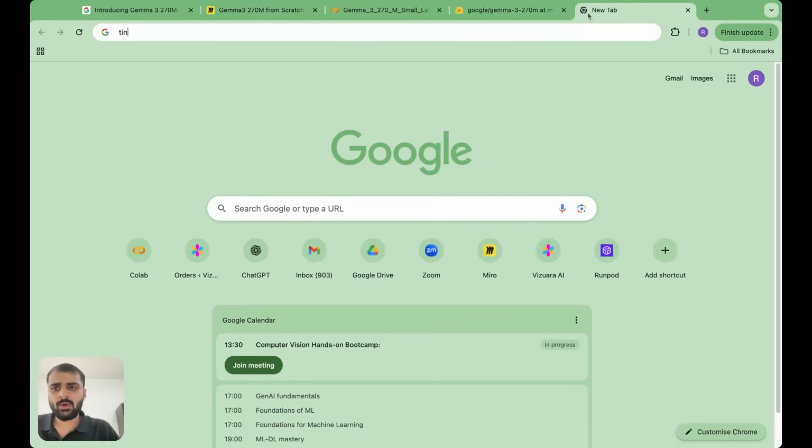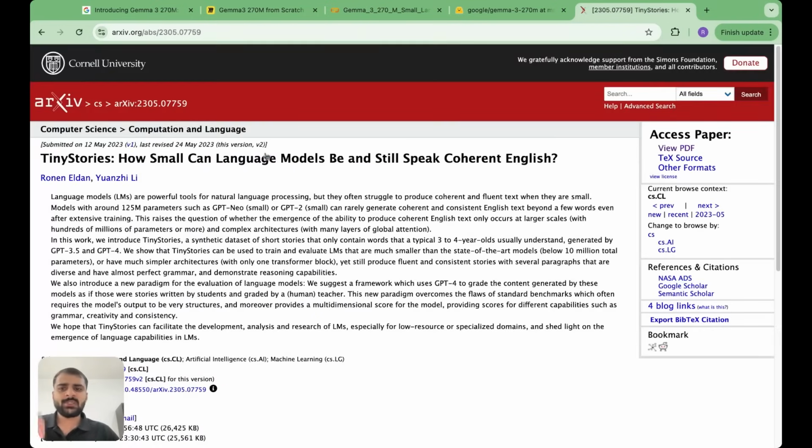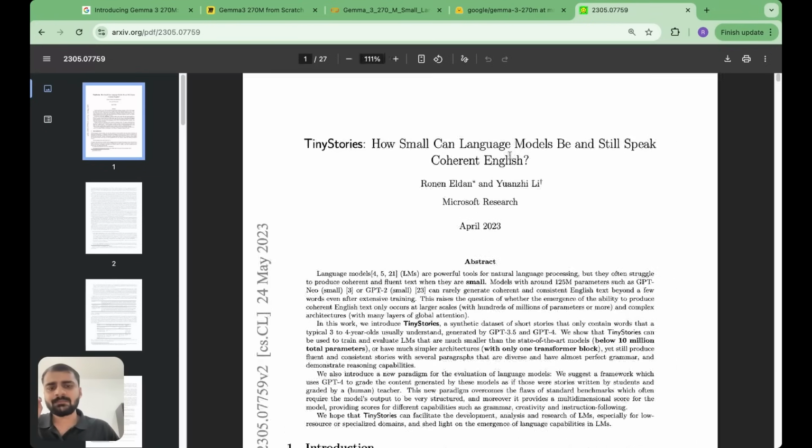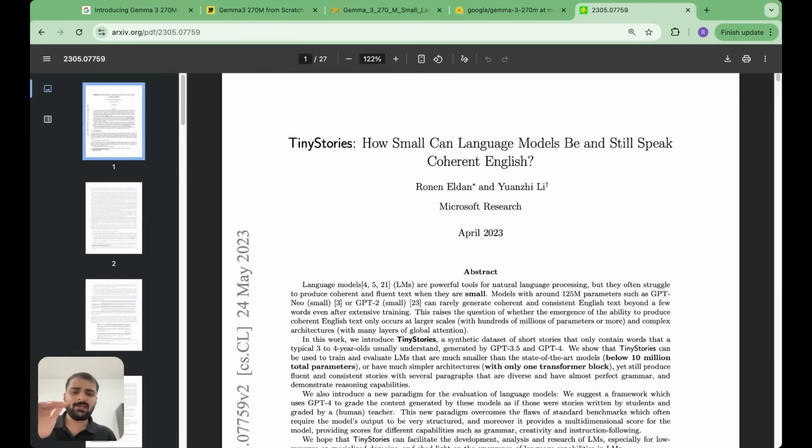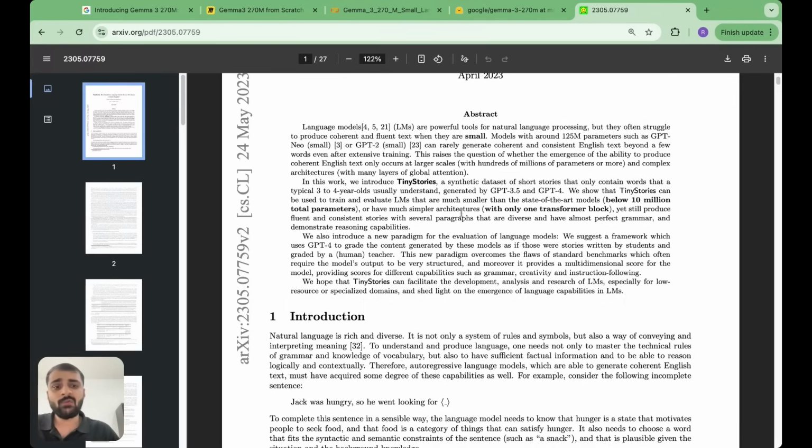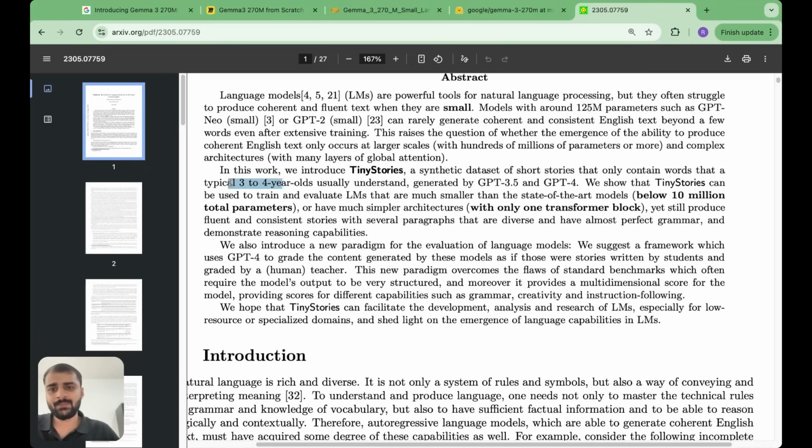For those of you who are not familiar with the origins of this dataset, TinyStories was a paper released through Microsoft Research, I believe, and they constructed a dataset which consisted of stories which 3 to 4 year old kids can understand. Based on this data set, they showed that we could train models as small as 10 million or 50 million parameters, and these models can still generate coherent English.